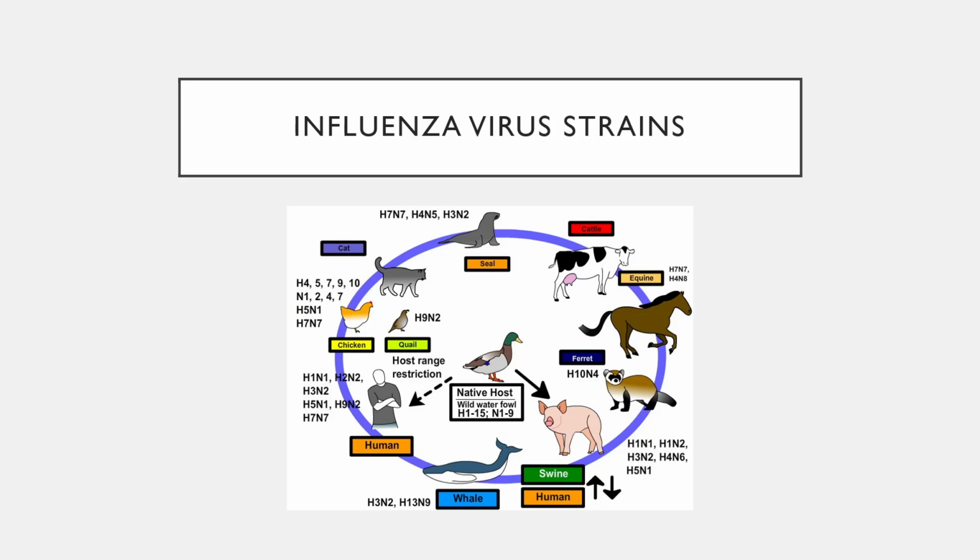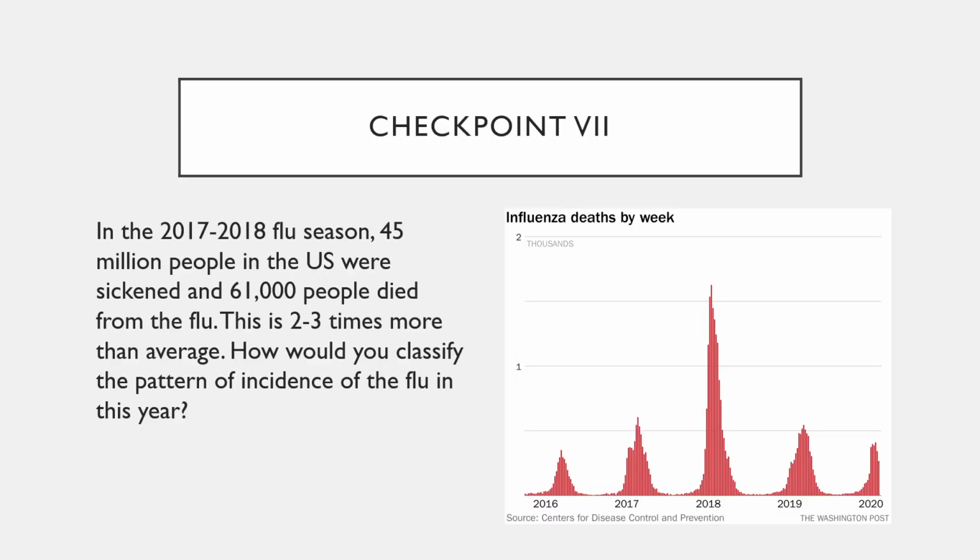So in this checkpoint, we're going to look at some historical flu virus case information. In the 2017-2018 flu season, 45 million people in the US caught the flu, and 61,000 people died from the flu. And this was the worst flu season ever recorded since we started keeping records on flu seasons in the US.